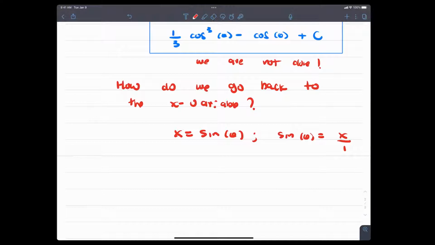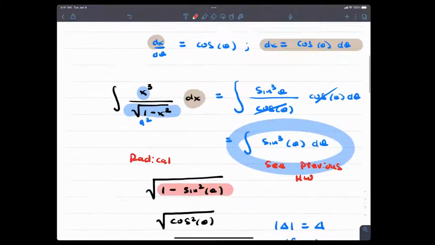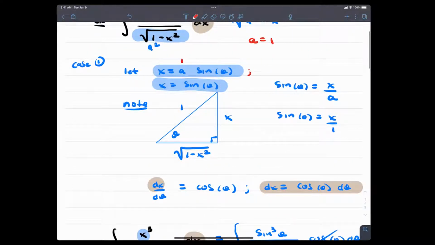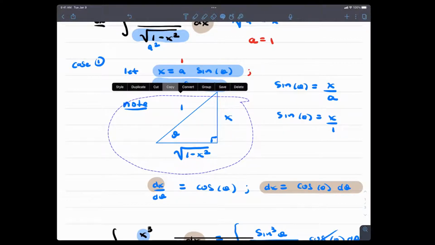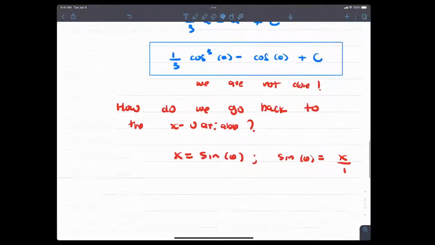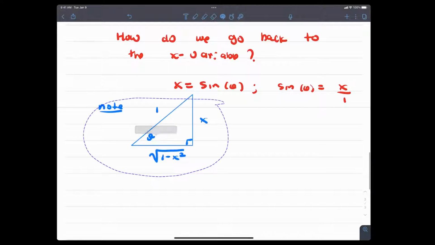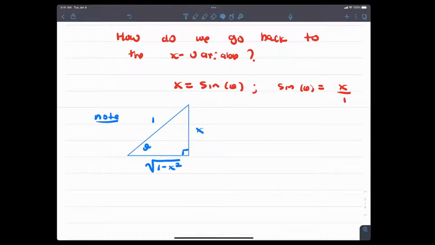Maybe we should just go back and copy that, right? So x was sine theta, or sine theta was x over 1. So you go back and you say, okay, this is our assumption. You go back to this triangle. Always with these questions, you go back to the triangle. Okay, you guys okay with that?